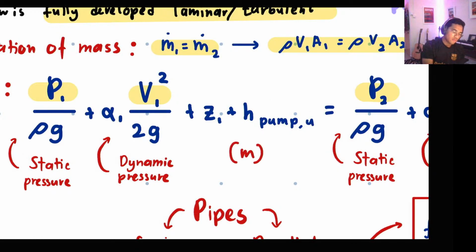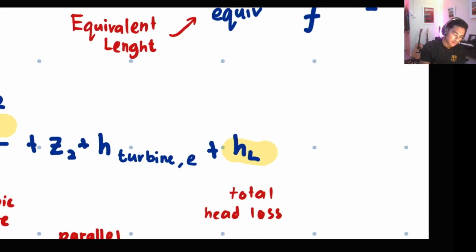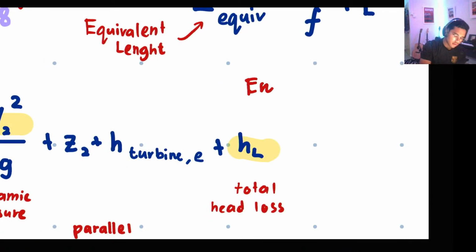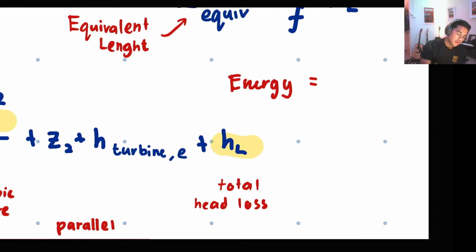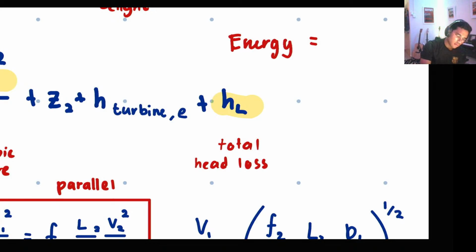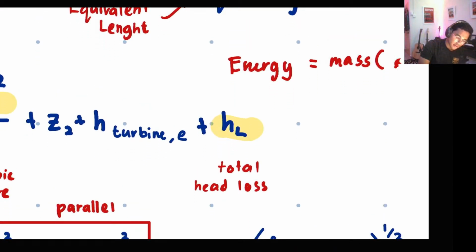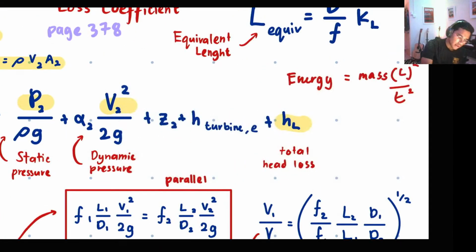We can also represent energy as meter, because energy is mass times length squared over t squared. Okay. So we can represent energy in terms of length. We can represent energy in terms of mass.